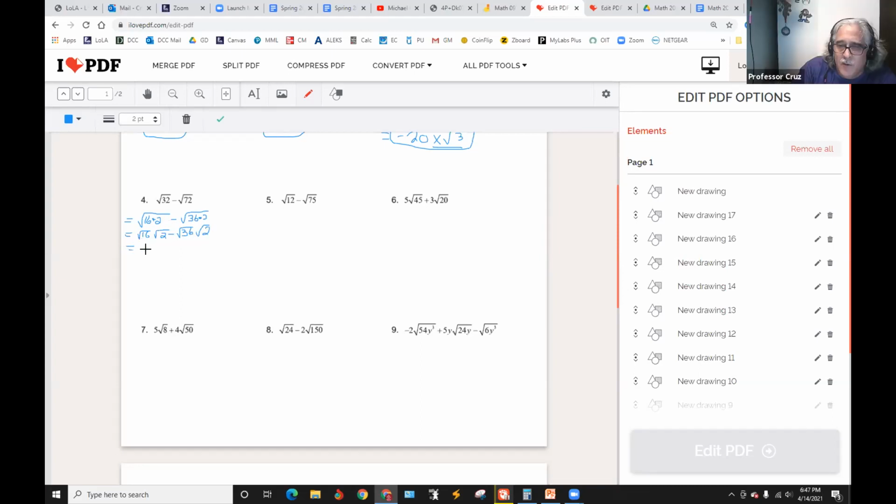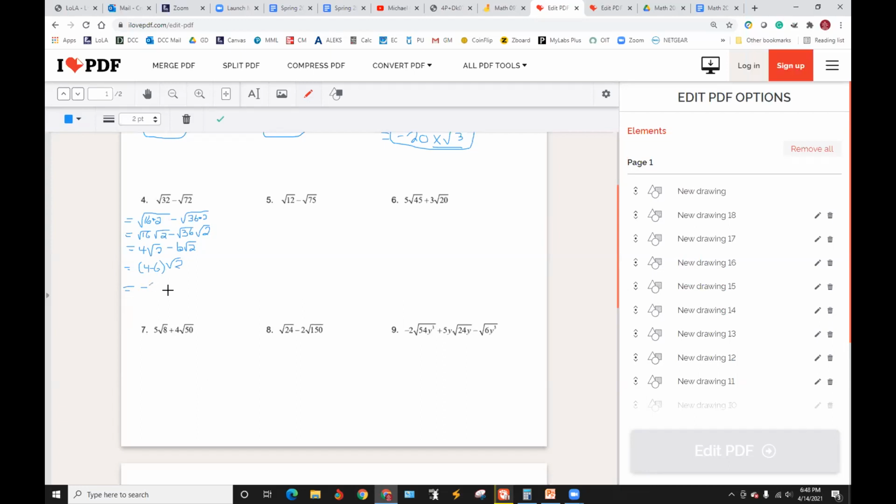Okay, so square root of 16 is 4. So now we got 4 minus 6 square root of 2, which is what? Negative 2 square root of 2.